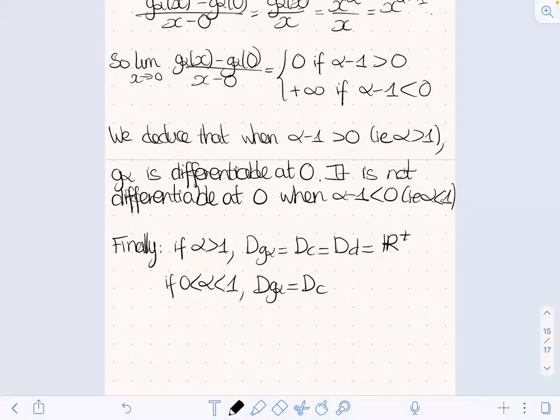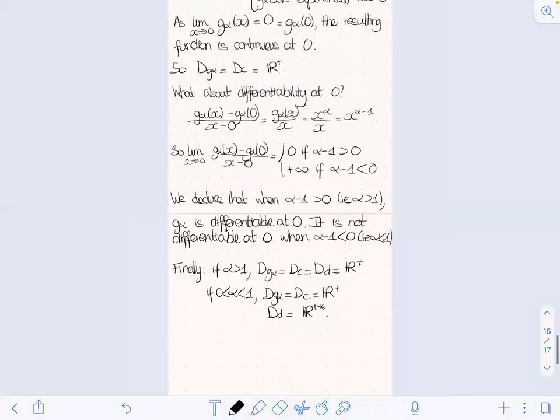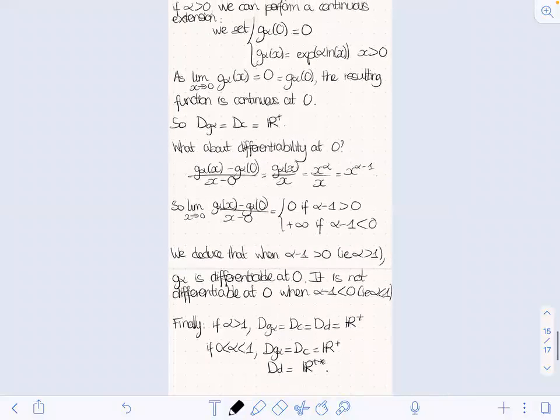The definition and continuity domain will be R plus, and the differentiability domain will be R plus star. So we've got three different settings to consider for the function x to the power alpha when you consider a general value alpha.